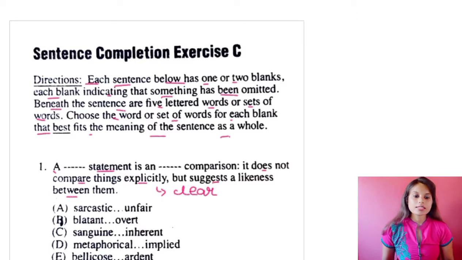So maybe they are talking about a statement and the comparison which says that it does not compare things clearly but it suggests a likeliness between them. We have to put each of these options and choose the correct option that makes complete sense in the statement. Let's put these options one by one and check which option shall go correctly.